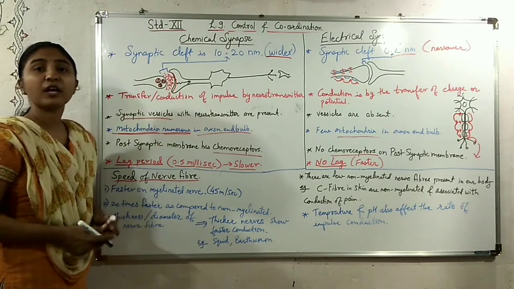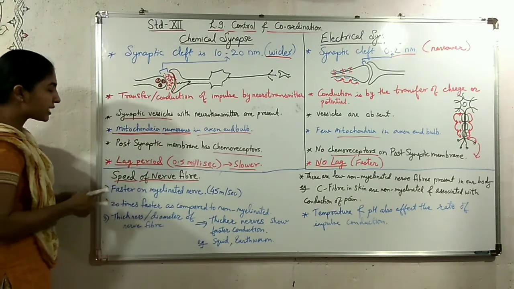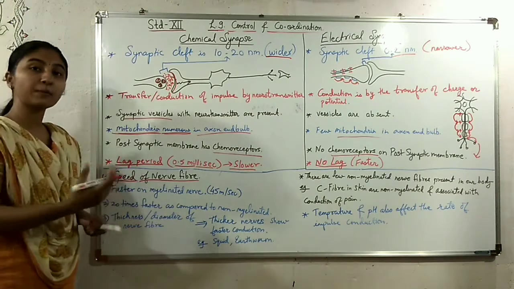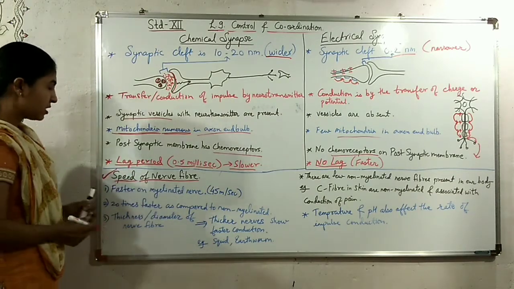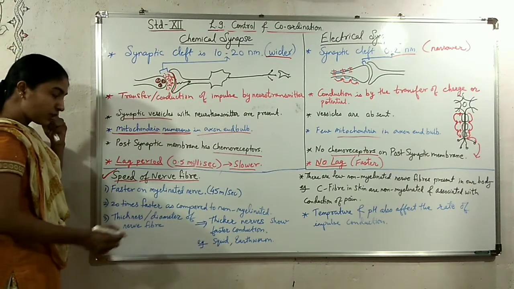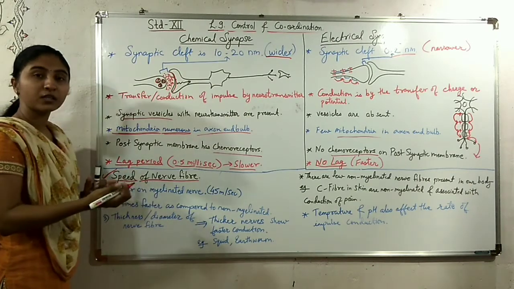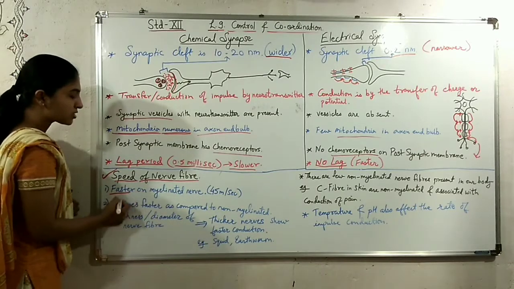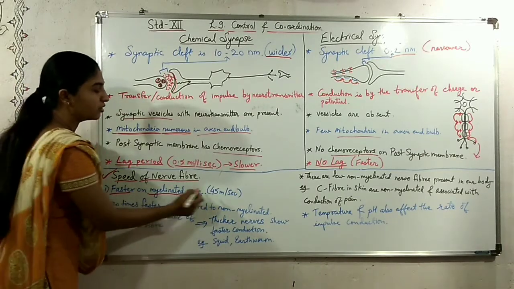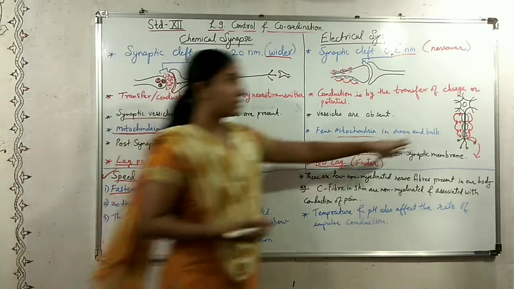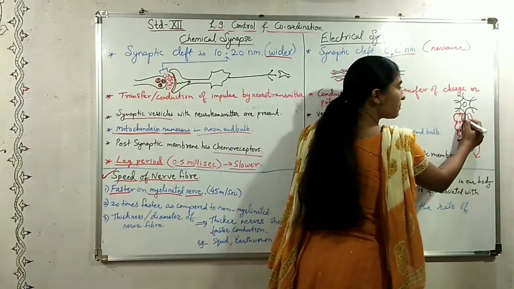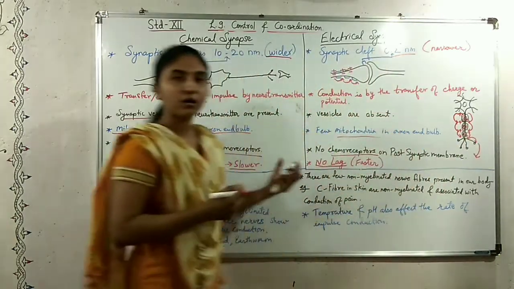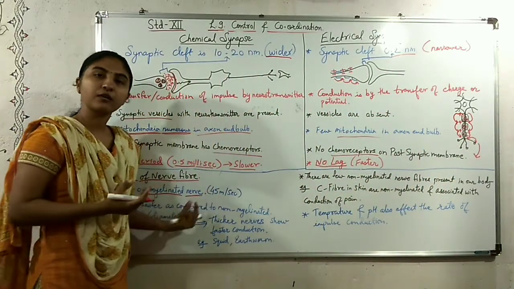The next thing that we are going to see is the speed of conduction of the impulse in nerve fibers. The speed of conduction of the impulse is faster in myelinated nerves. We talked about the myelin sheath.